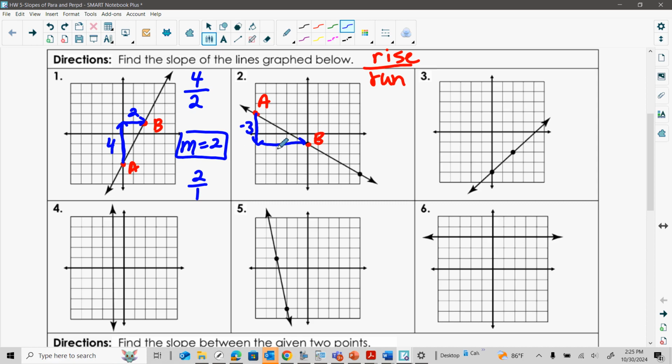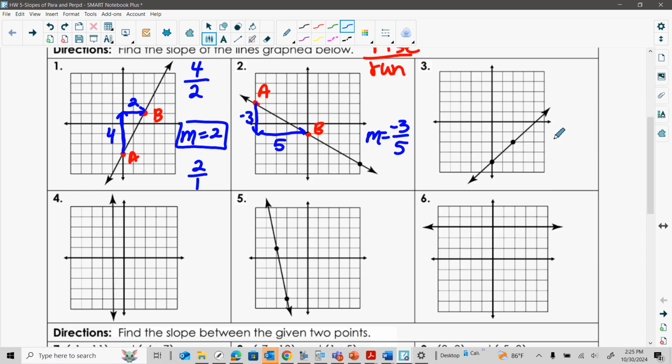So here, this would be to the right 5. And so this slope would be -3/5. We can see that this is a negative slope because the line is decreasing. When lines increase, like 1 and 3, it's a positive slope. When it decreases, it's a negative slope.